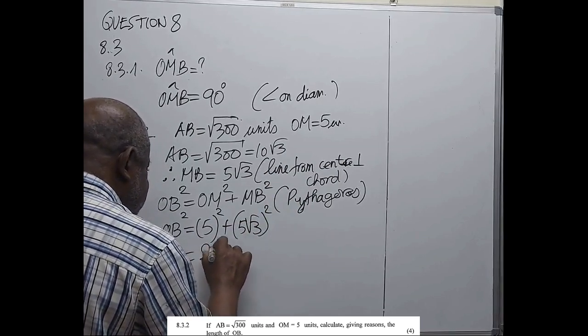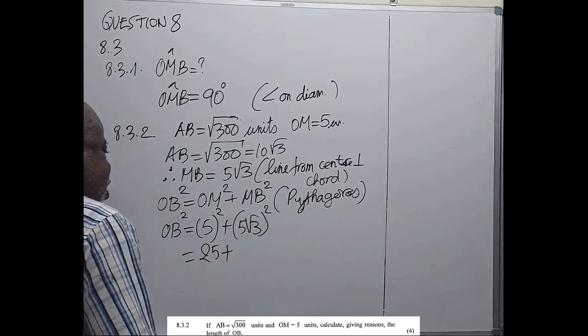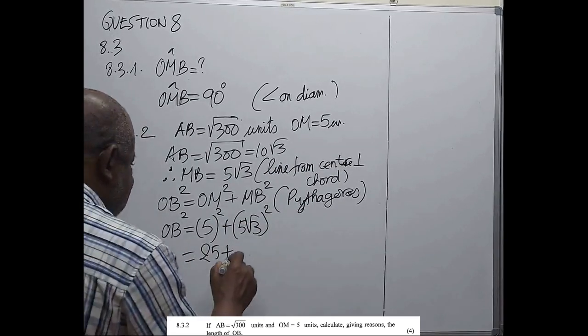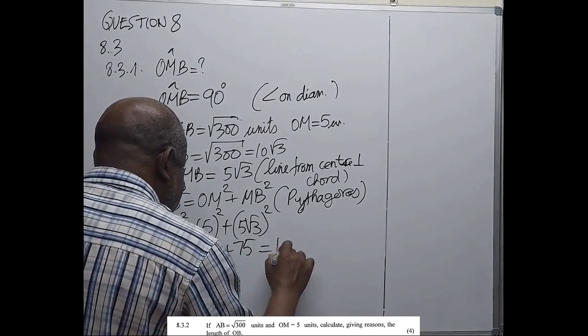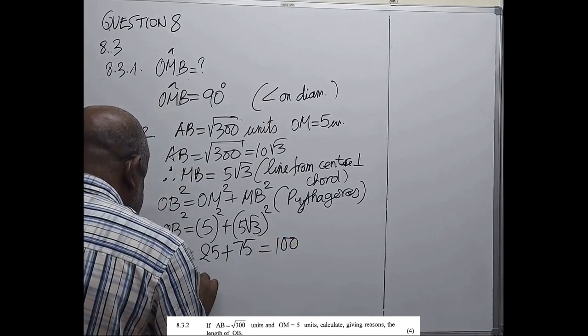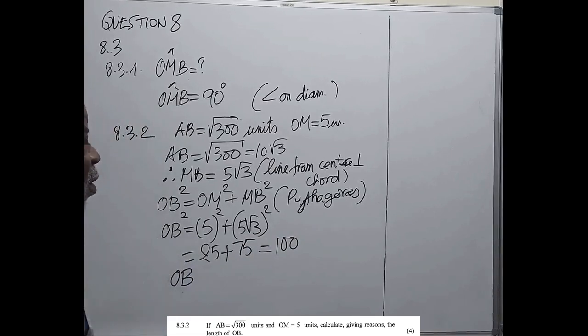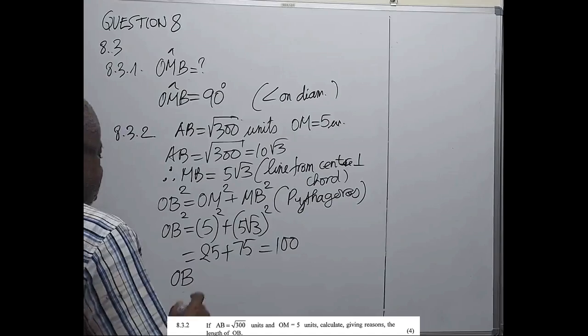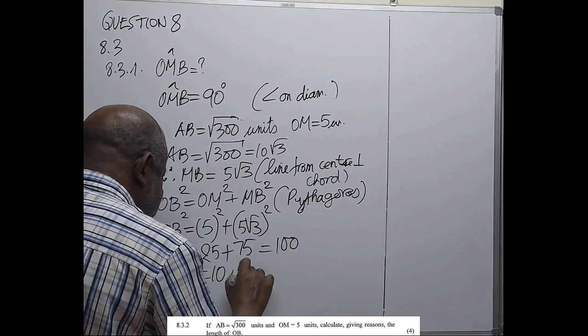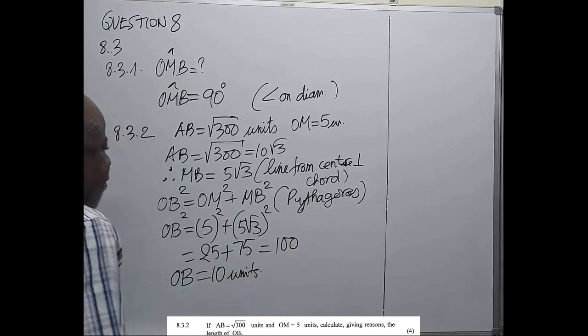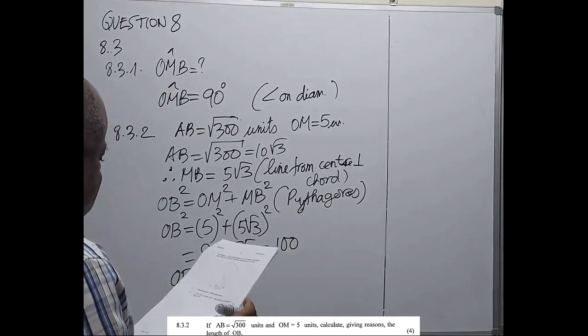We get 25 plus 25 times 3, which is 75, and this is going to be 100. And therefore, OB will be the square root of 100, which is 10 units. Then we are done with question 8.3.